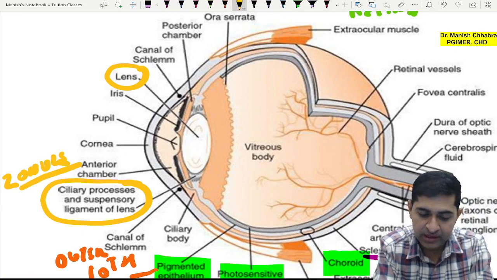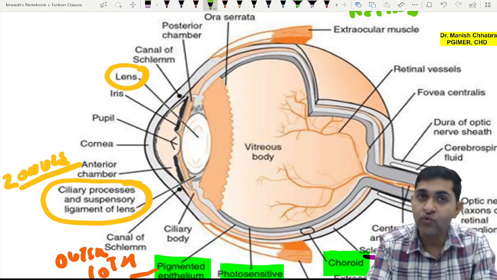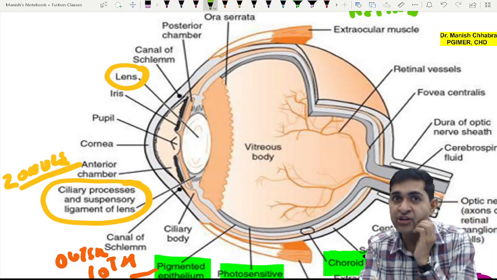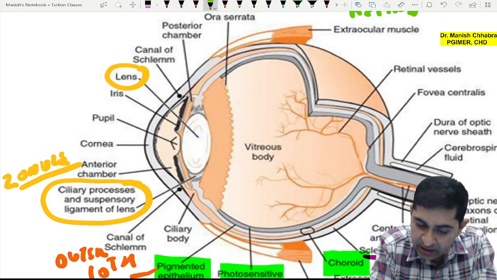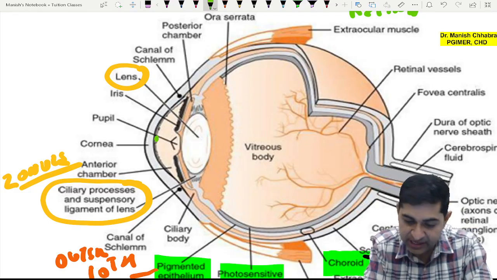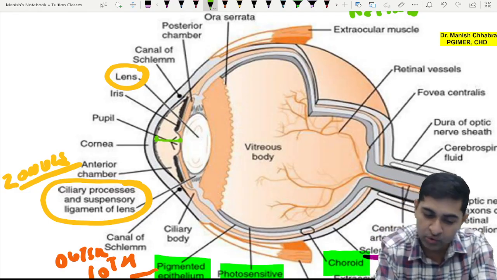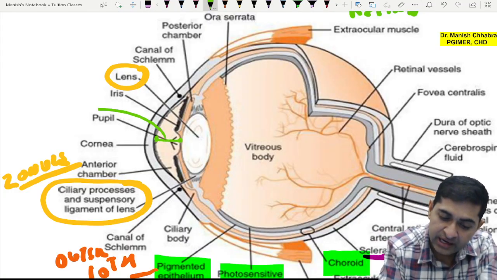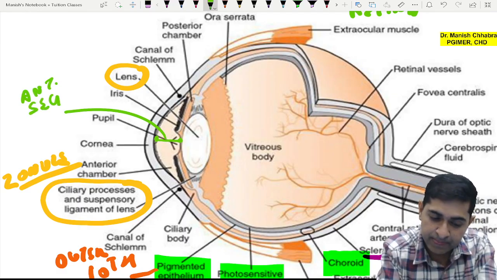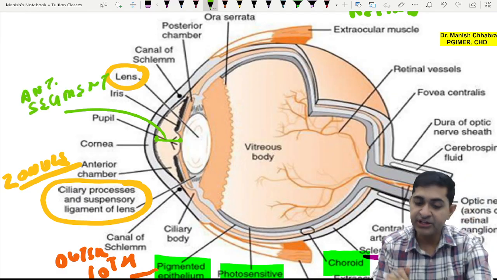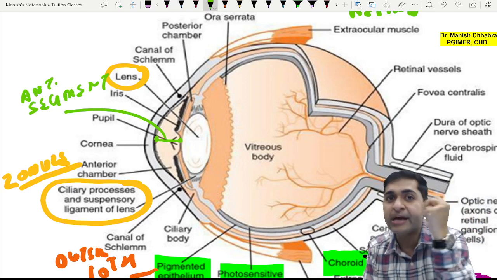Now I am going to tell you one important dimension of the eyeball, that is from the back of the cornea, which is the endothelium, to the anterior surface of the lens. What is this known as? This is your anterior segment. Now the anterior segment is divided into two chambers.